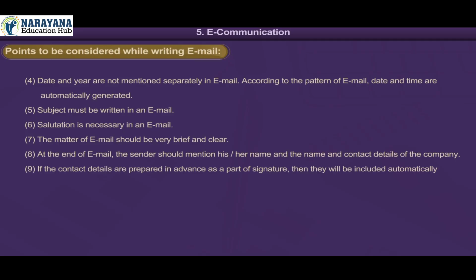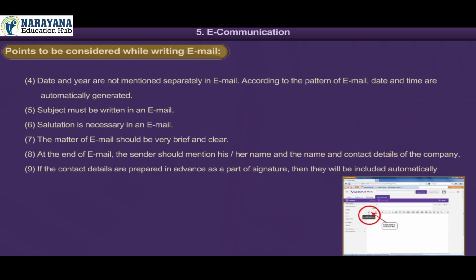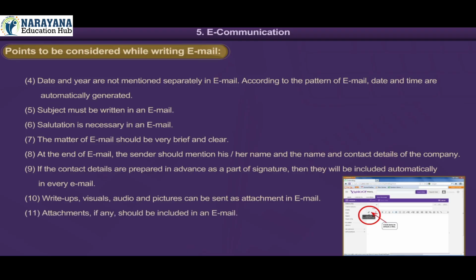If the contact details are prepared in advance as a part of signature, then they will be included automatically in every email. Number 10. Write-ups, visuals, audio and pictures can be sent as attachment in email. Number 11. Attachments, if any, should be included in an email. Number 12. Read the matter written in the email before sending it.